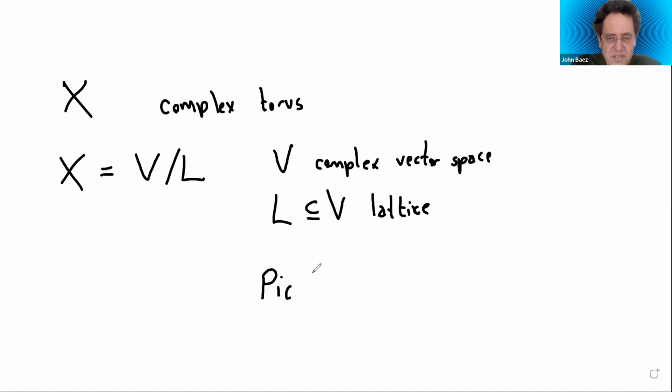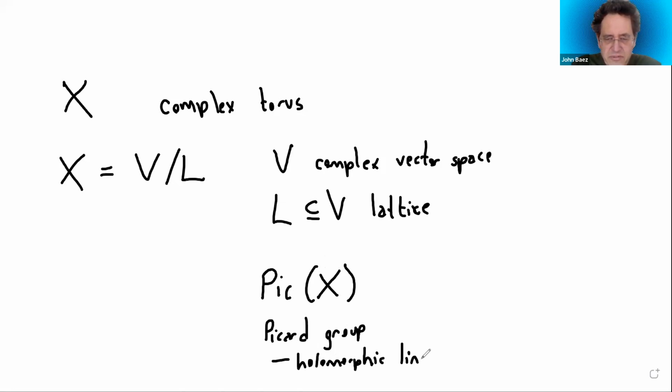So there's this thing called the Picard group of X. That's the group of all the isomorphism classes of holomorphic line bundles on X. There might be very few if X is not an algebraic variety, I guess.